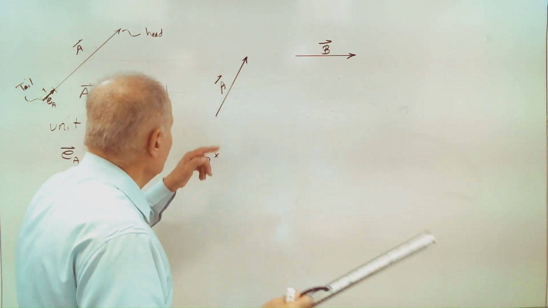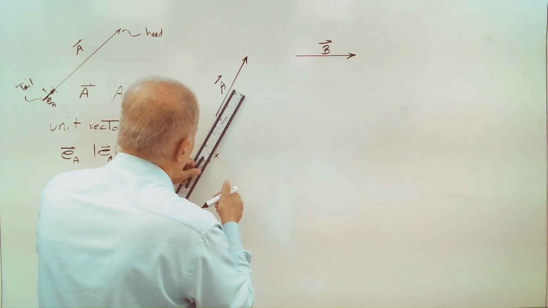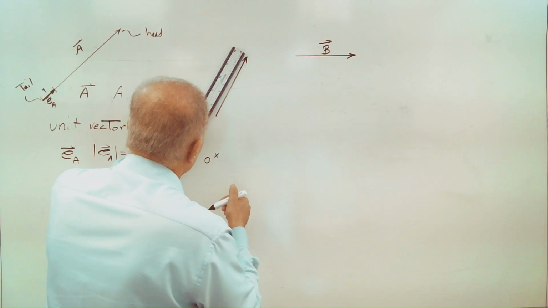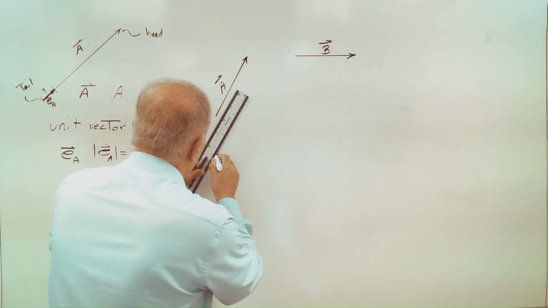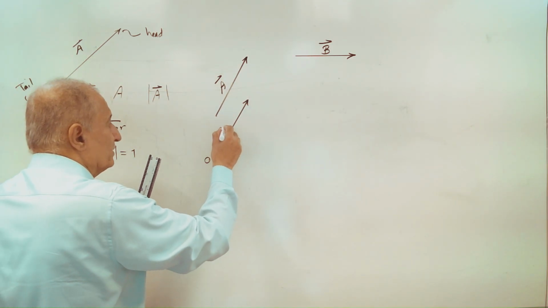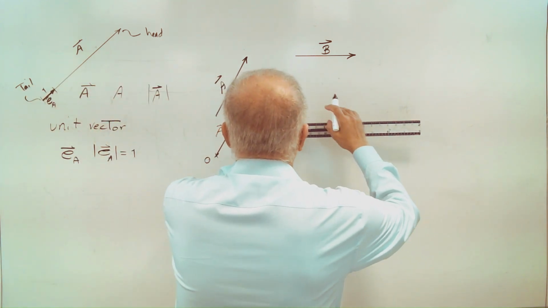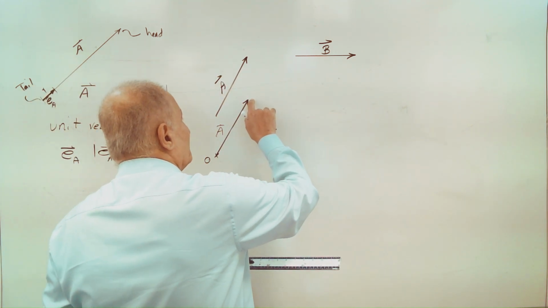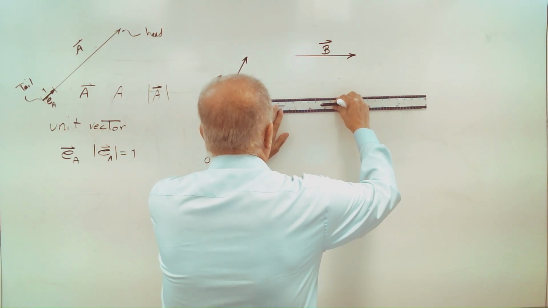I draw vector A parallel to A. This is a free vector. I can move it parallel to itself to anywhere in space. And then from the head of A, I start with the tail of B, head to tail.